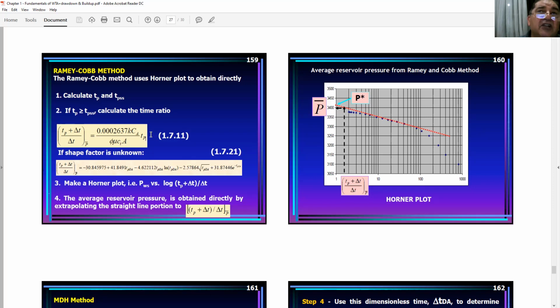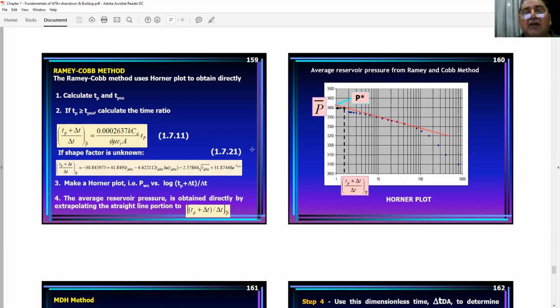If you are not sure about your shape factor, then you may need to calculate TB plus delta T, or the time ratio, using this model. This one is for the case if you do not know the reservoir configuration, so the time ratio can be calculated from this model. What is TBDA?